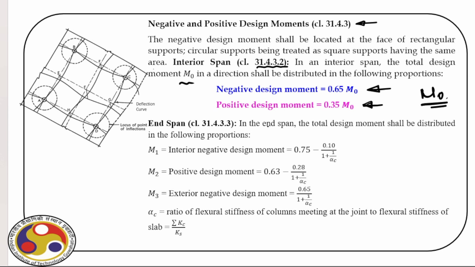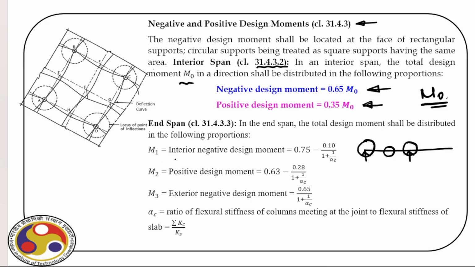Now, for end span, in the end span, the total design moment shall be distributed in the following proportions. So, M1, that is the interior negative design moment. So, recall, if this is the end span and here are the supports, these are the columns, we will have a negative moment here, a negative moment there, and then we will have some middle portion where we have the moment which is positive.